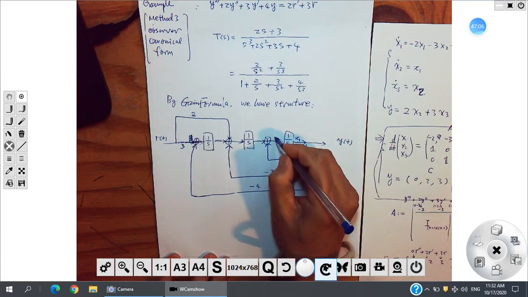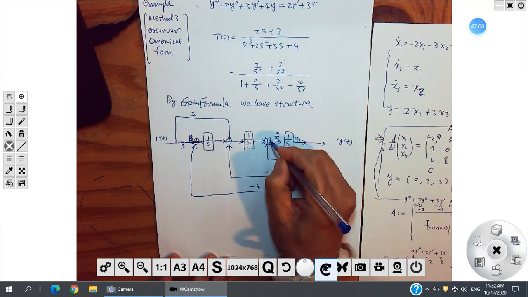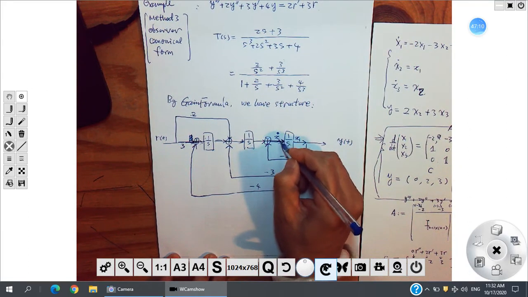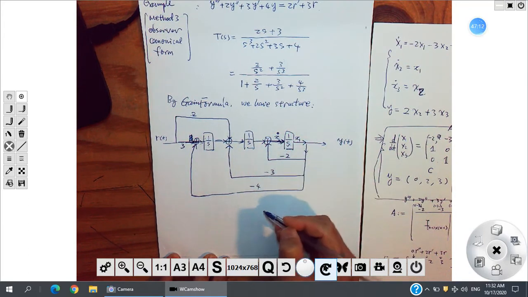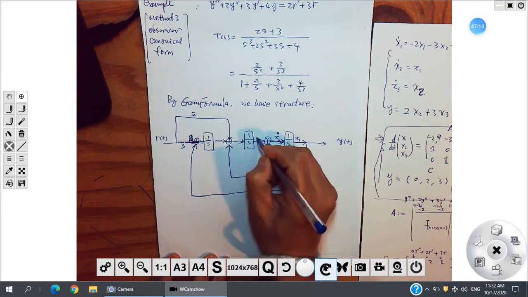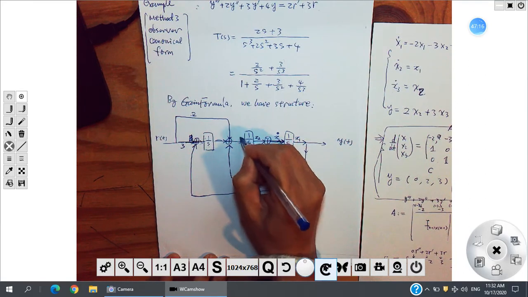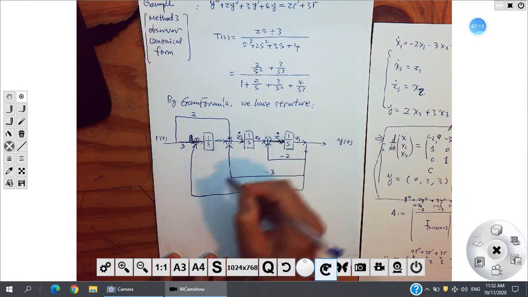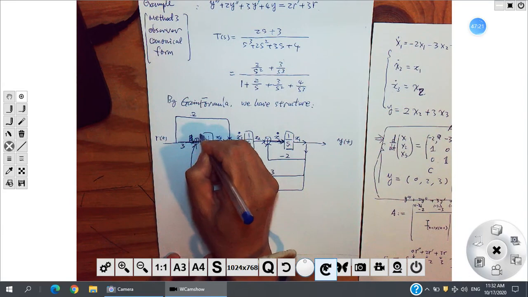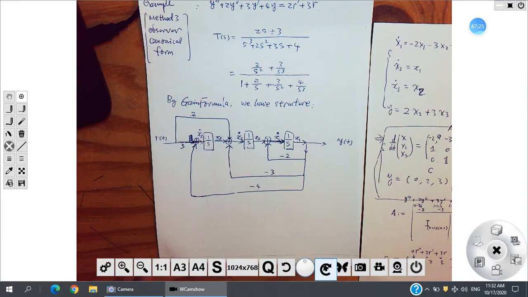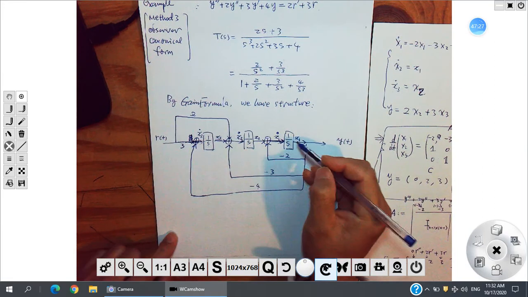Then this is x1 derivative, right? The derivative goes inside 1 over s. You will have x1. And then here's x2. This is x2 derivative. Here's x3. Here's x3 derivative.